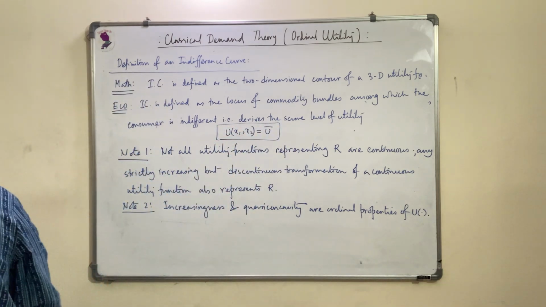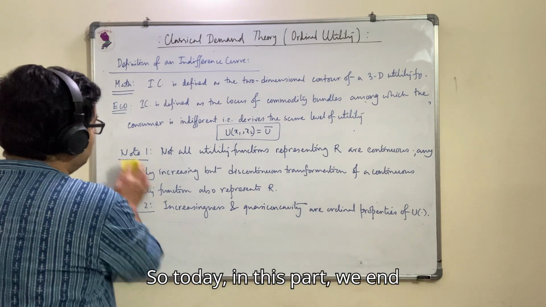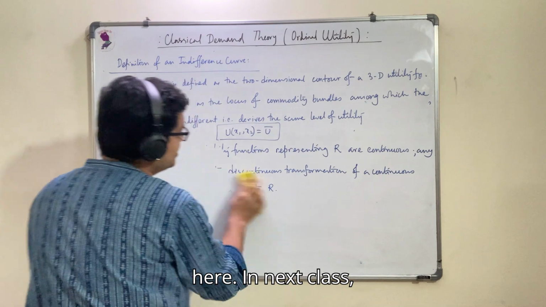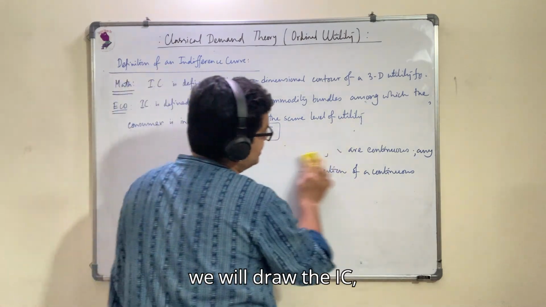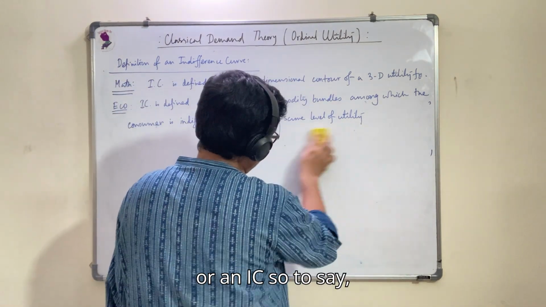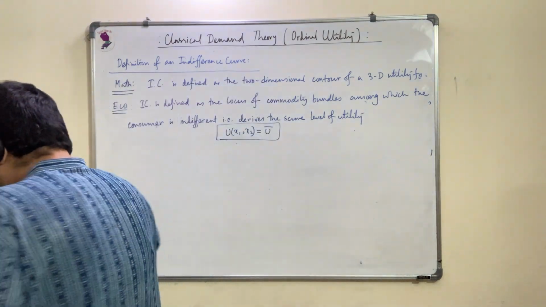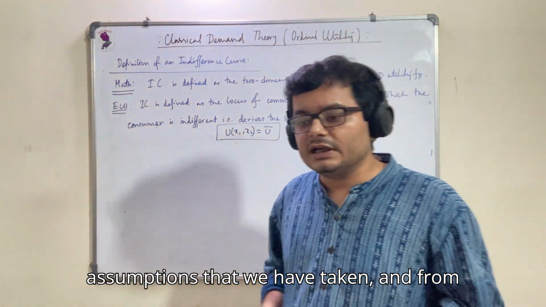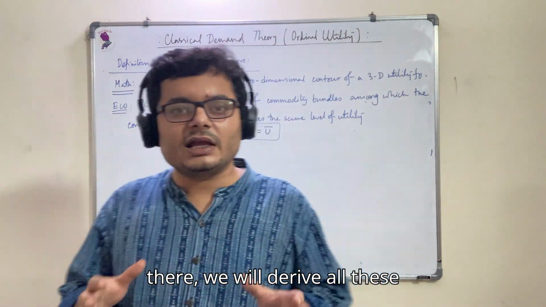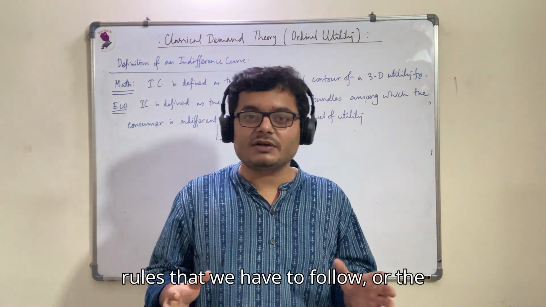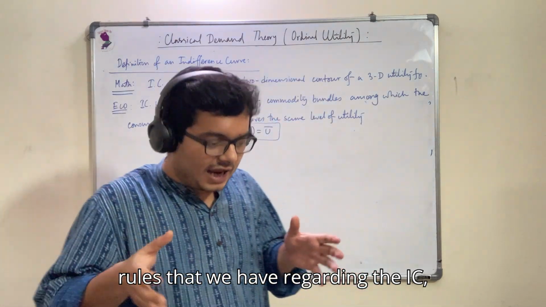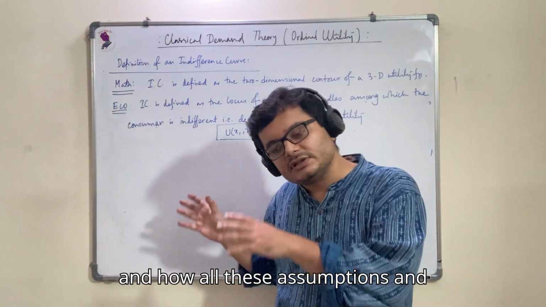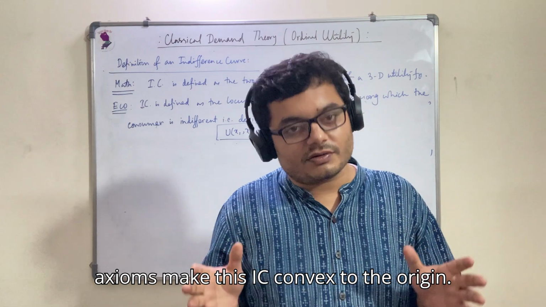All right. So today in this part we end here. In the next class we will draw the IC, or an IC so to say, following all the axioms and assumptions that we have taken, and from there we will derive all the rules that we have regarding the IC, and how all these assumptions and axioms make this IC convex to the origin.